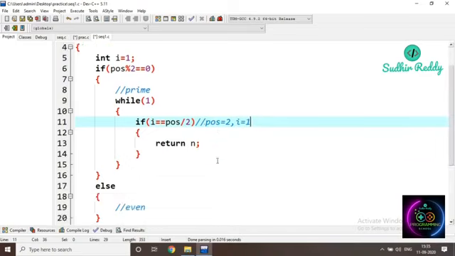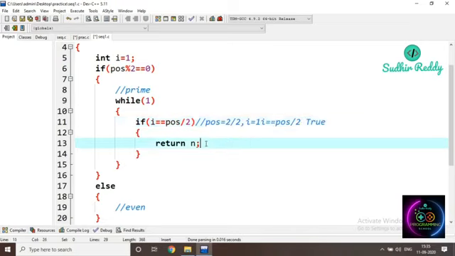First of all, I check position by 2. Position by 2 means 2 by 2, which is 1. That means i is equal to position by 2 is going to be true here. Then it is going to return n.